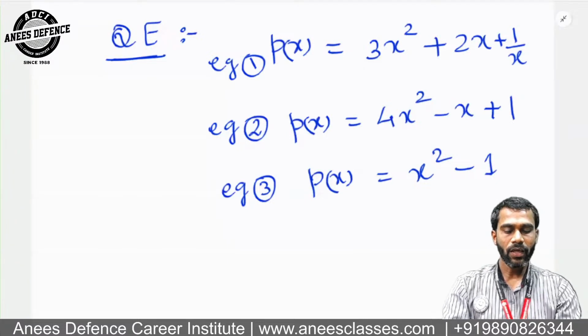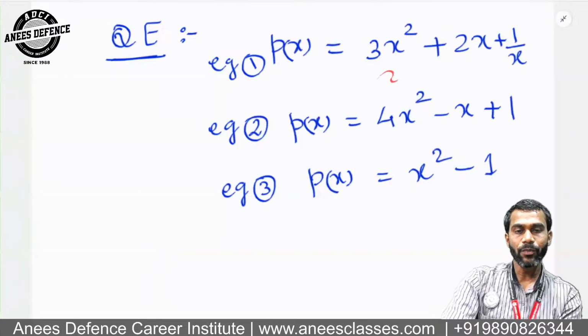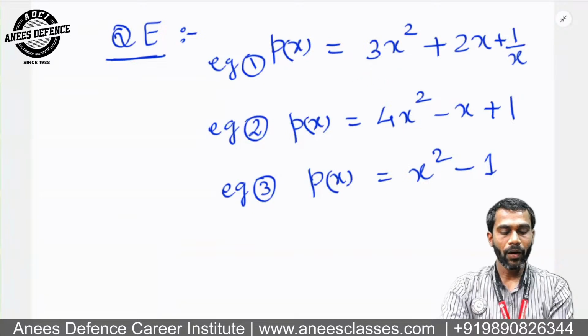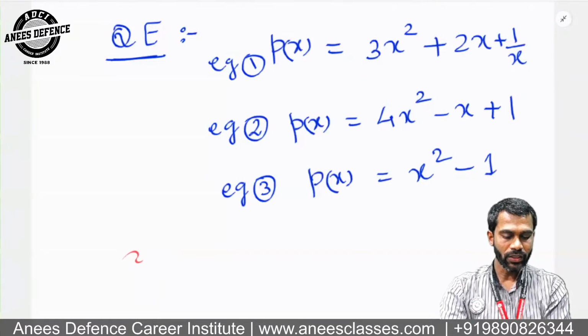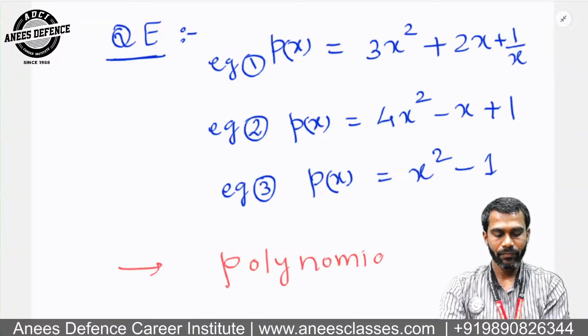See, always remember one thing, students. For any expression to be a quadratic expression, first of all, it has to be a polynomial, right? So, what is the condition for a polynomial expression?